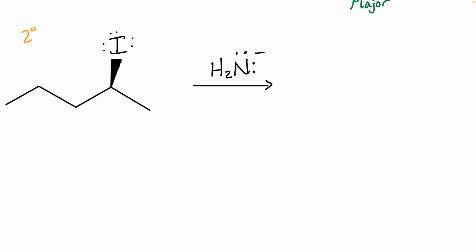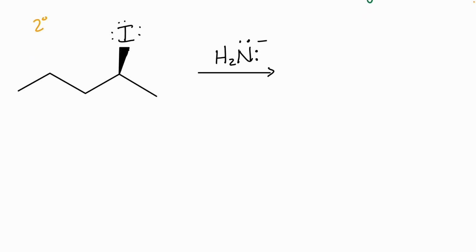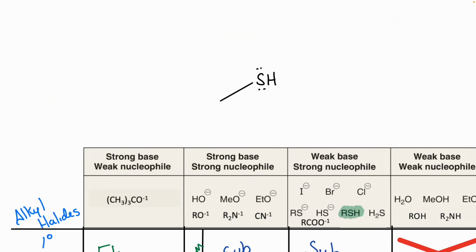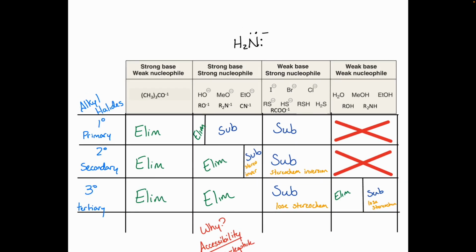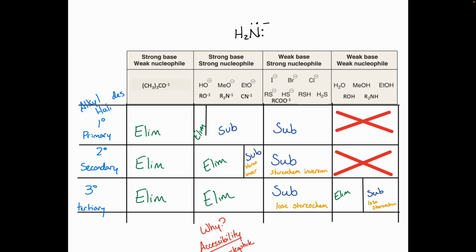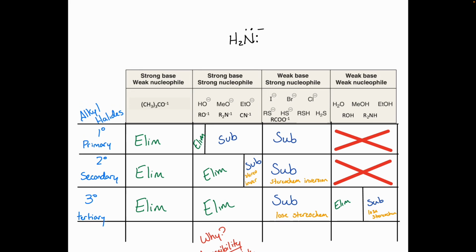All right, and then this one here is going to be especially big pain in the butt, because what is our category of, let's just take this and look at our chart. Which one of these do we got here for what's called an amide ion, NH2 with a negative charge?